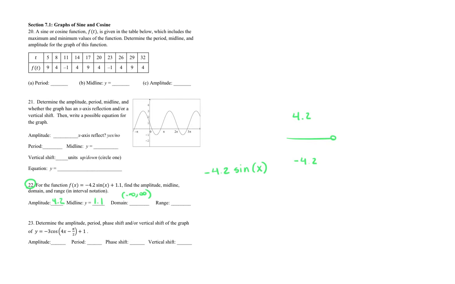So I'll just add 1.1 to both of these values, and that'll be my new range. So I'll now be at 5.3 and at negative 3.1, and my midline is at 1.1 now. So that's what happened when we shifted it up. It also shifts our range. So our range is now from negative 3.1 all the way up to positive 5.3.